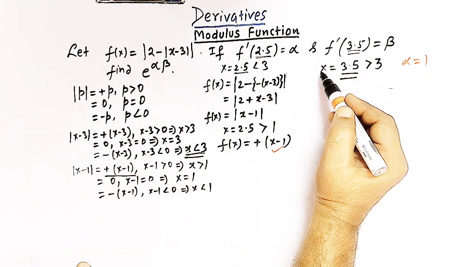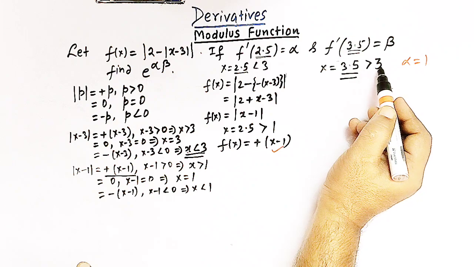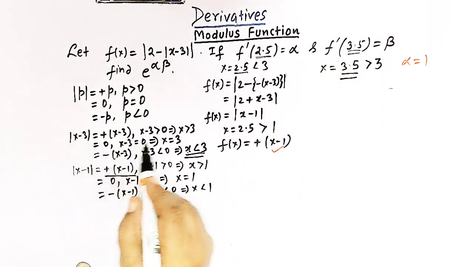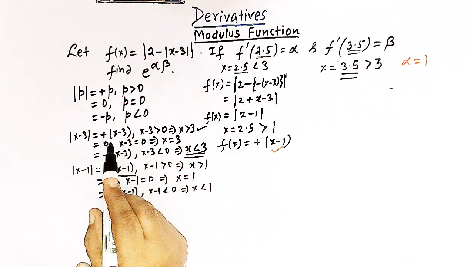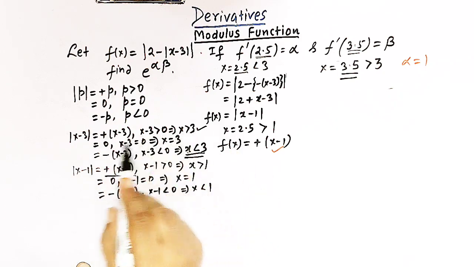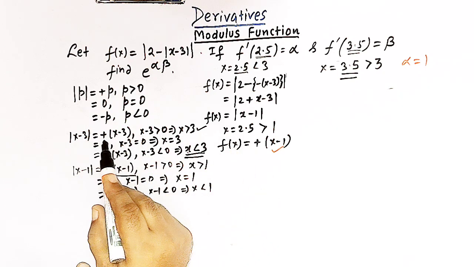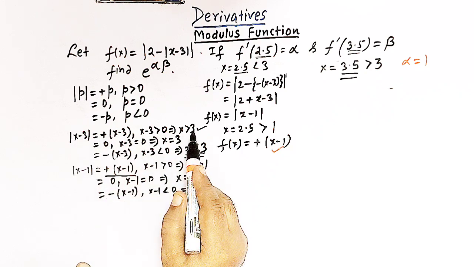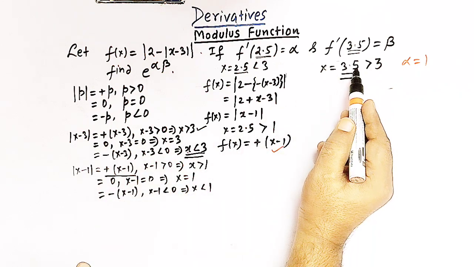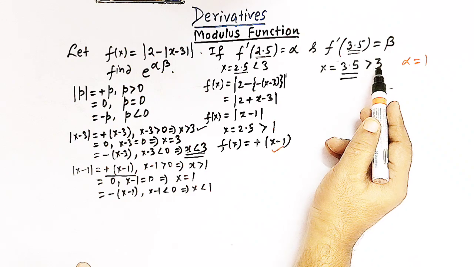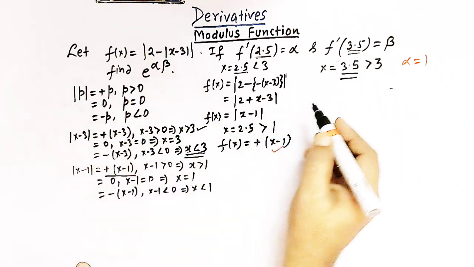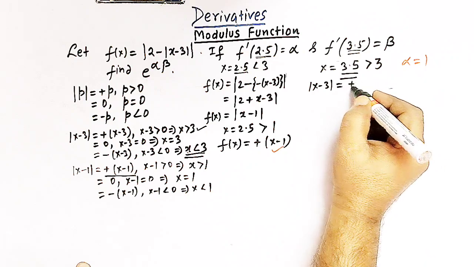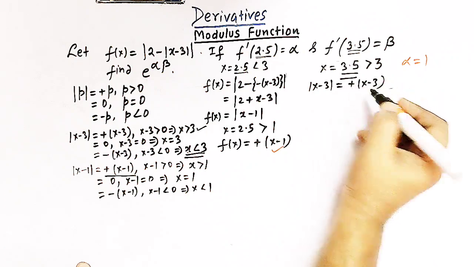So when x is equal to 3.5 is greater than 3, then mod of x minus 3 is defined by this part of the definition, that is mod of x minus 3 is equal to positive x minus 3 when x is greater than 3, and here x is 3.5, which is obviously greater than 3. So in this case we take mod of x minus 3 is equal to positive x minus 3.